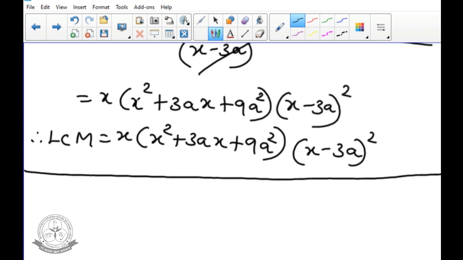In exercise 3.3, the second Roman, they have given two subdivisions to find the LCM. So our LCM is x into x squared plus 3ax plus 9a squared into x minus 3a the whole square. So the second subdivision was over. Thank you, students.